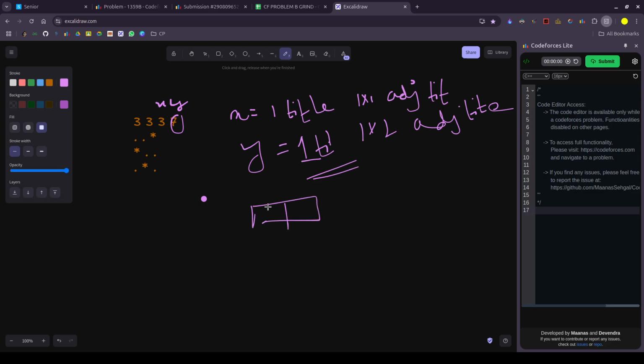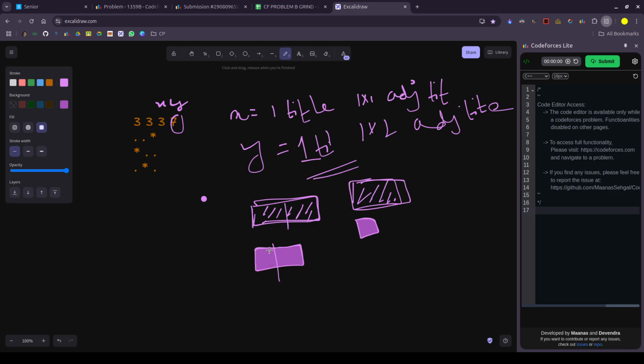If you buy a y tile, then it will cover two adjacent cells. And x is the cost of this tile, which covers only one cell, and y covers two cells together.